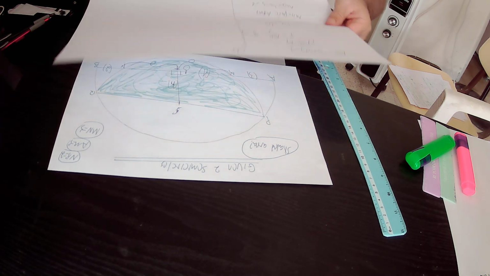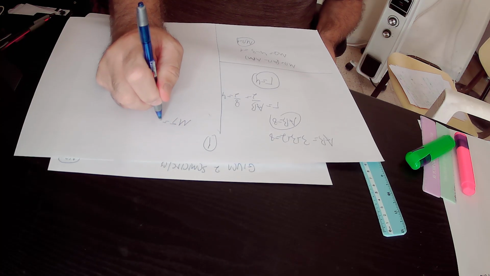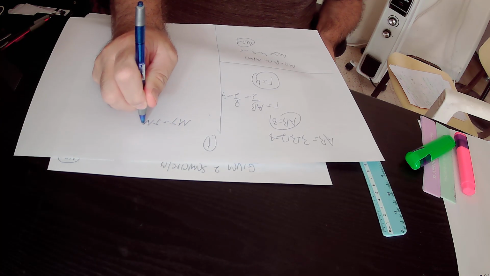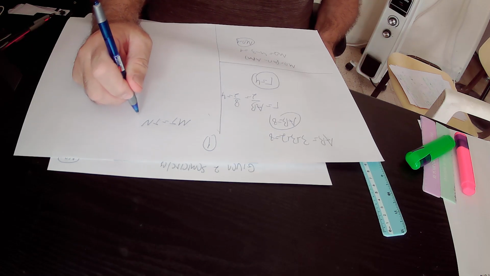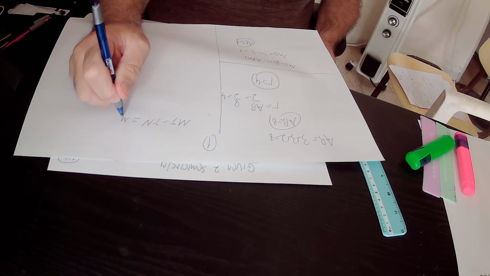So MT equals TN, and line segment MN has been bisected into two halves. Each half must be equal to MN over 2.